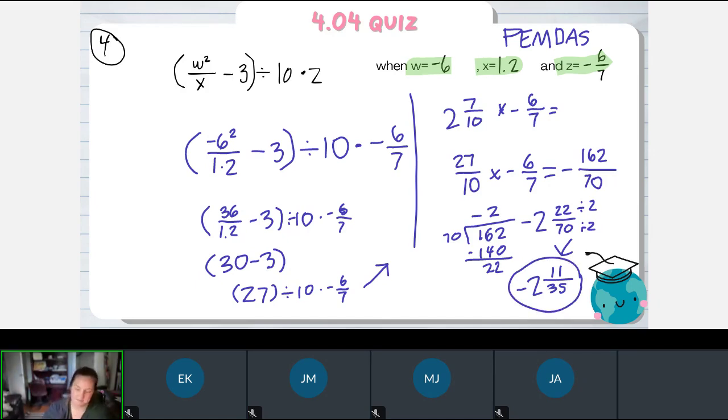Right, Deja? I know. That's a lot. But it's not hard. It's just a lot of steps. Luckily, I think there's only one on your test like this.